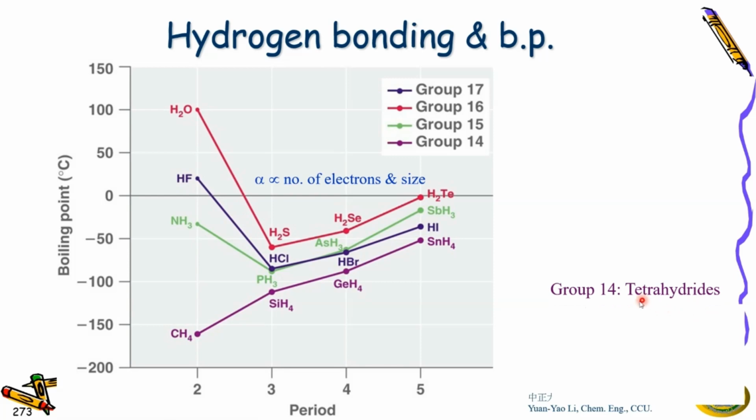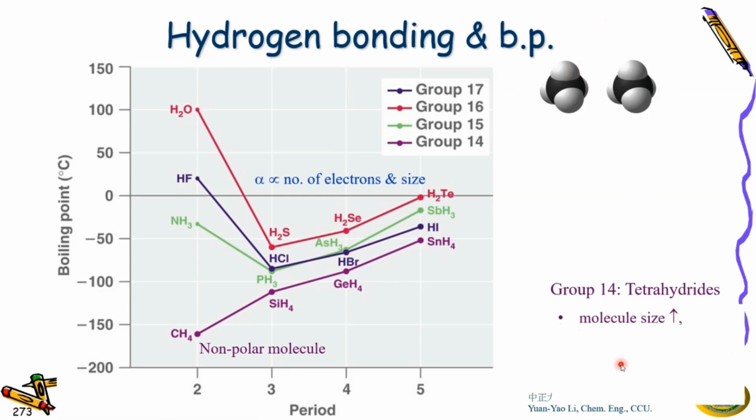So for group 14, it's the tetrahydrides: methane, silane, GeH4, SnH4. The boiling point increases. So you can replace this to become carbon, silicon, germanium, tin, and the size becomes bigger, right? Because the size of carbon is small, the size of silicon increases, germanium increases, and tin increases.